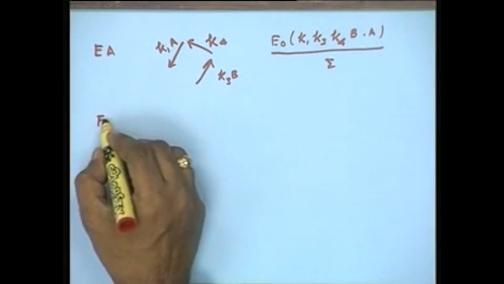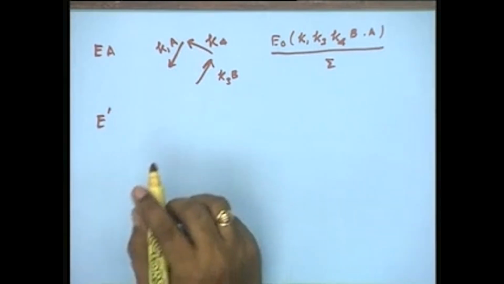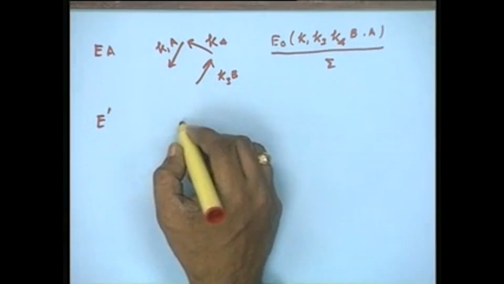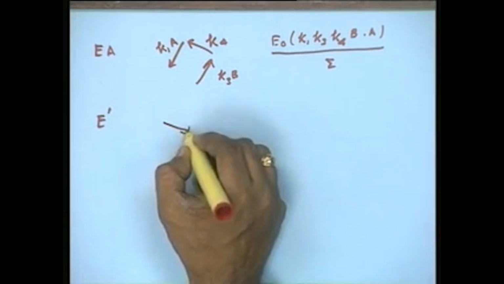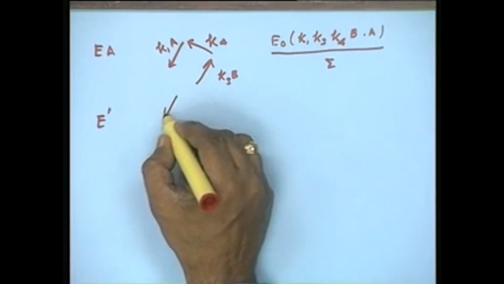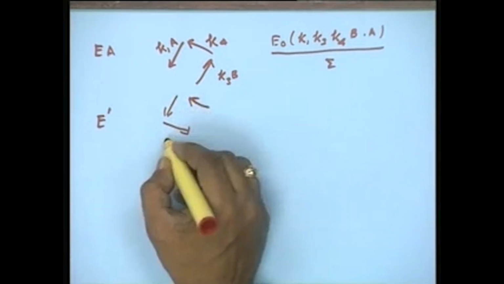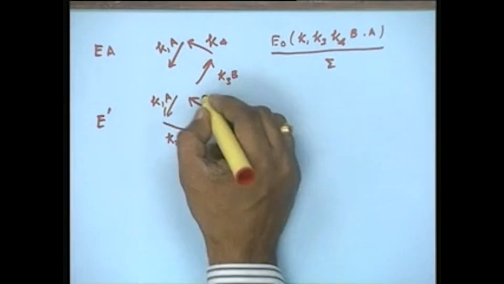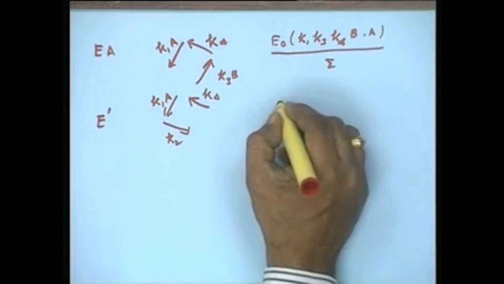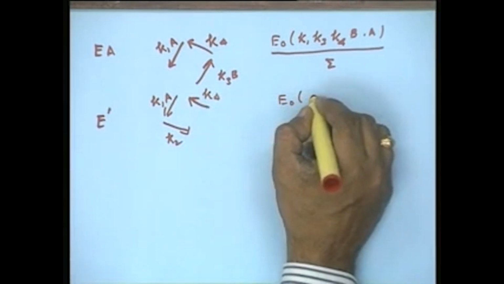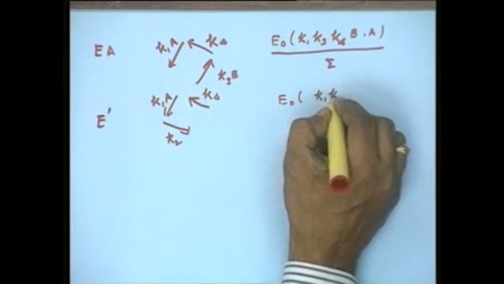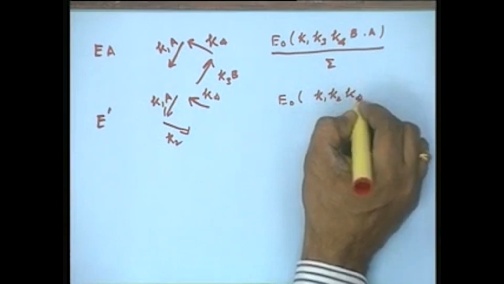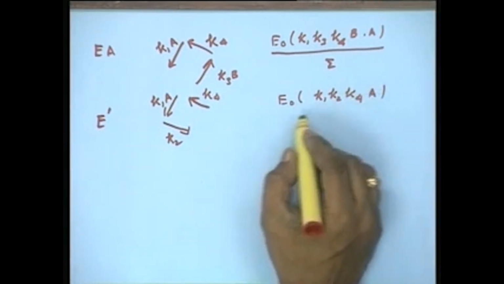And for E', you again have only one pattern, that is K2, K1A and K4, and that will be E naught, K1, K2, K4 into A upon sigma.